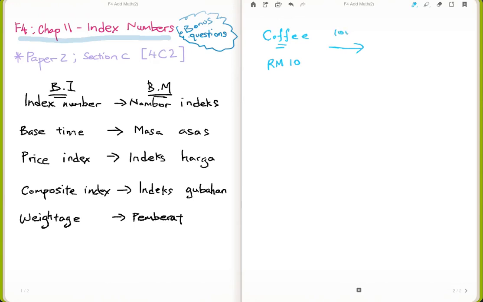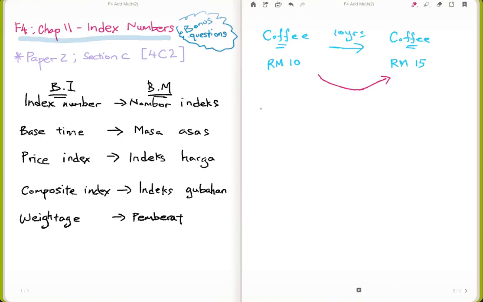10 years later, this coffee, the same brand, maybe costs 15 ringgit. Okay? Now, in your previous year, junior year, you learned the percentage of increase, right? Straight away, you're able to calculate. Increase by 5 ringgit.